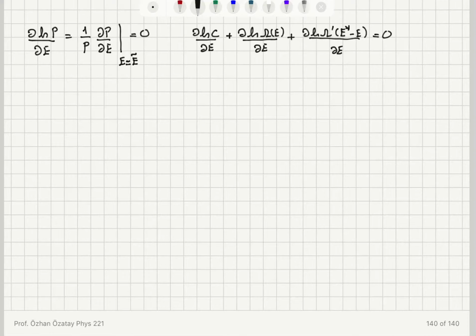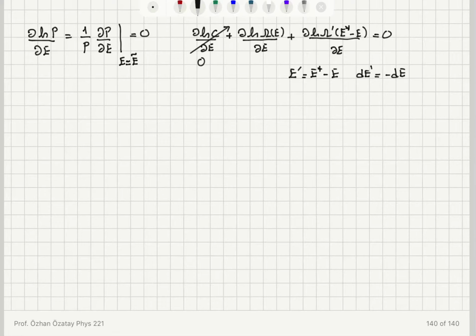So basically what I would like to know is the derivative of the natural logarithm of omega prime at E star minus E with respect to E. E prime is E star minus E. So if you consider dE prime, this is going to be equal to minus dE, because E star is a constant. This tells me how this derivative can be turned into an E prime derivative. The first term, a constant's derivative with respect to energy, is going to be 0.